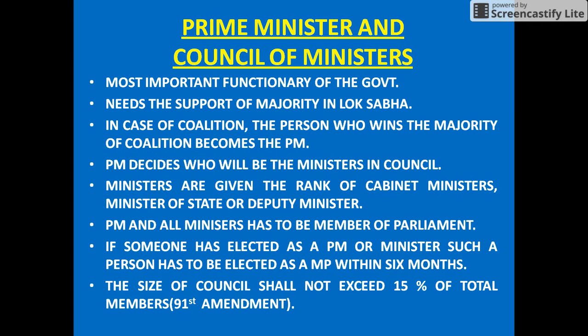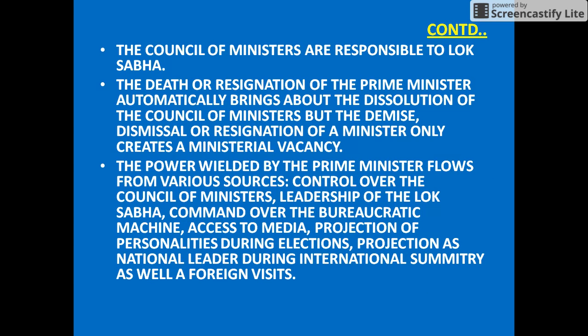There is a cause. Since there was no limitation earlier, in the form of coalition government, when the situation of coalition government occurred, the parties attracted people by luring them with minister posts and all. So to avoid that, the 91st Amendment took place. It was in 2003.